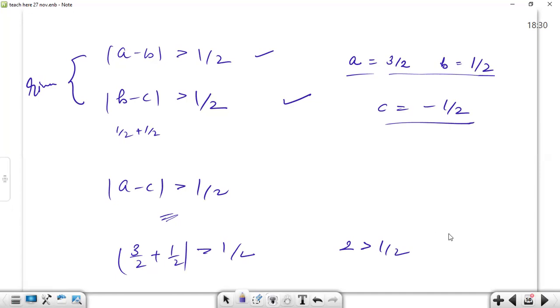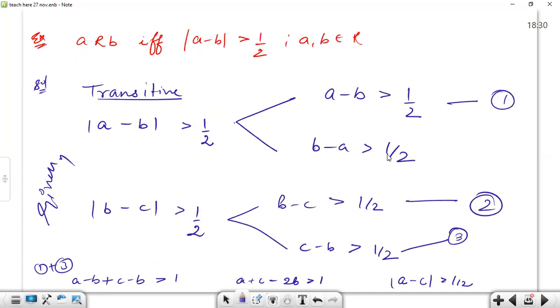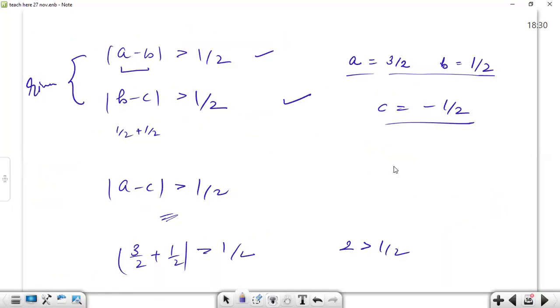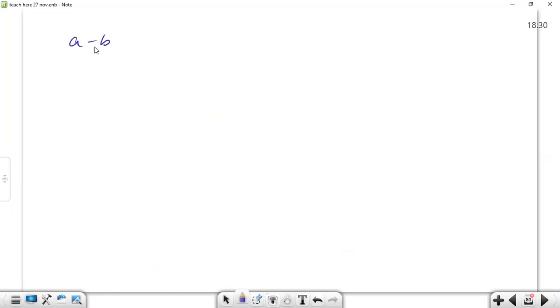But let's take some more examples, because in hindsight there's one doubt: what if there are different conditions happening and not everything is matching up. Let's take one example where A minus B is greater than half and B minus C is greater than half.